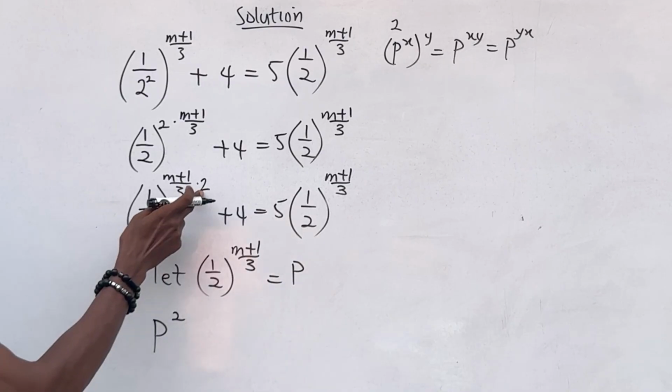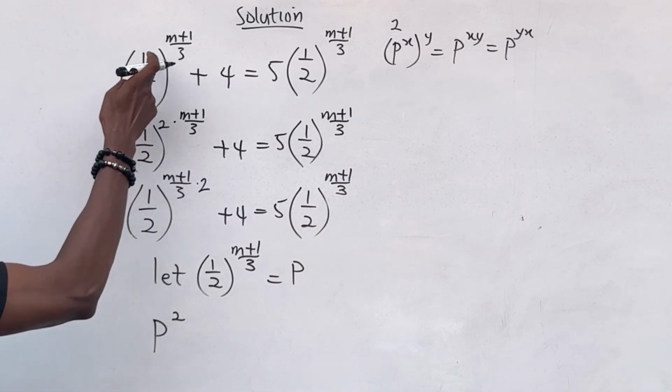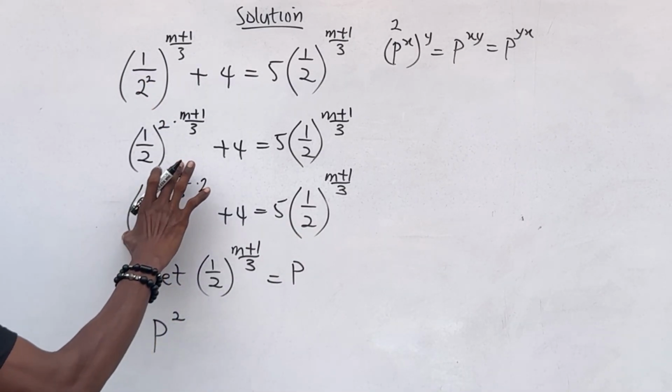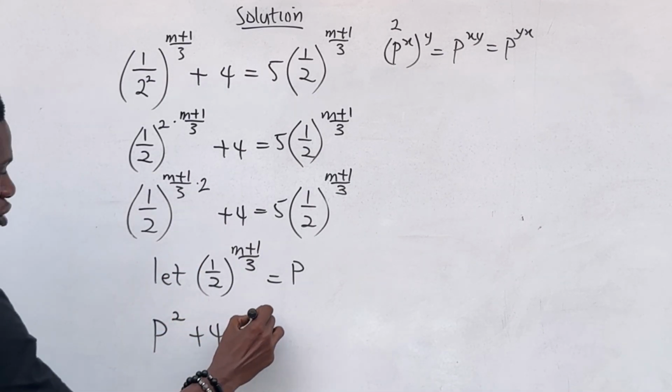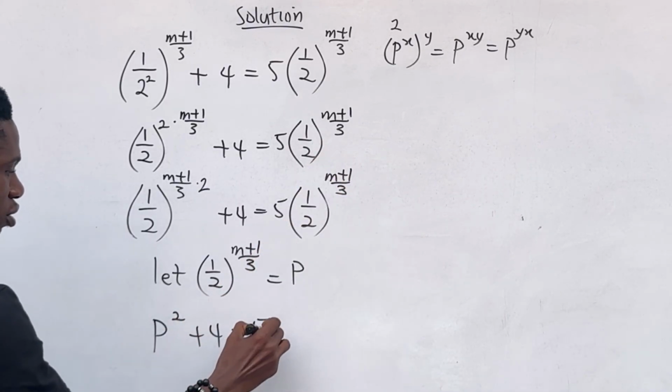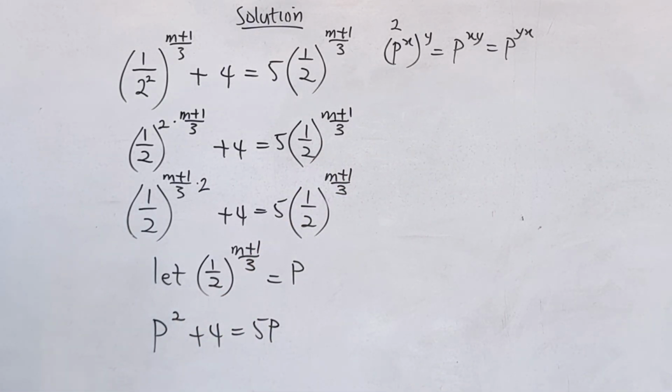Don't forget that 2 from this 2 from this 2. So this is now our p, we have a power of 2 there. So plus 4 equal to 5, and this is what? P. Okay, so I think this is clear. We can move from here.